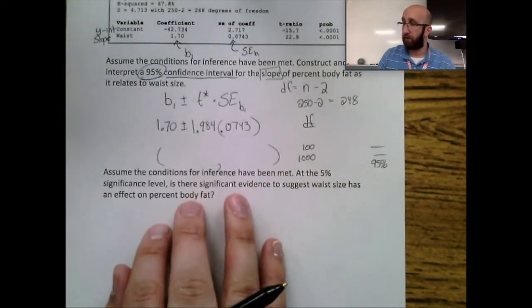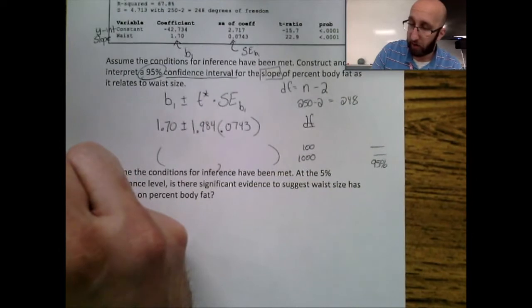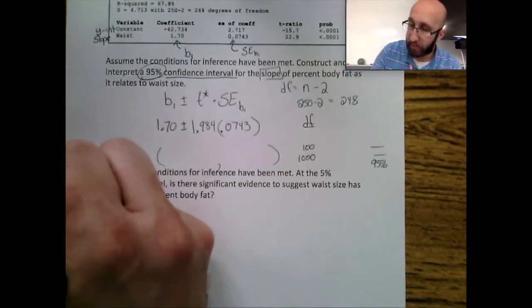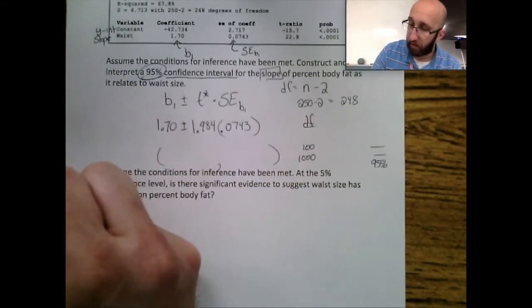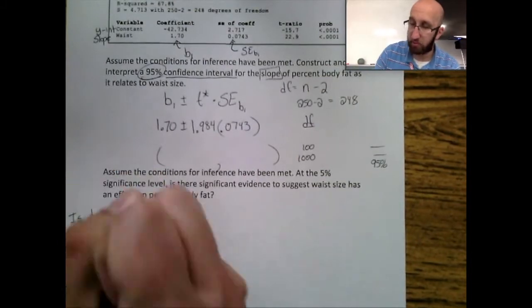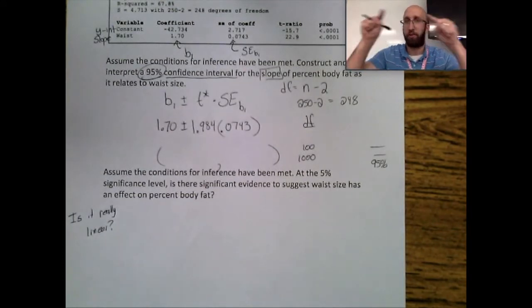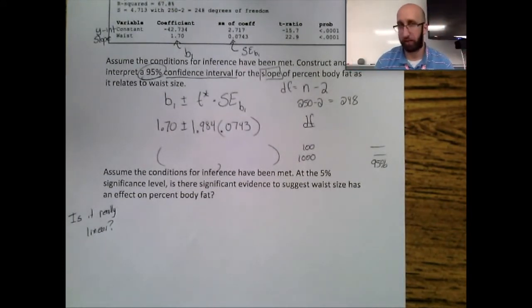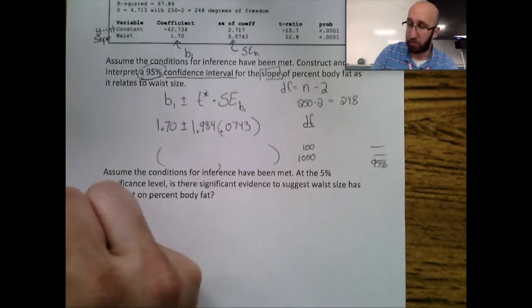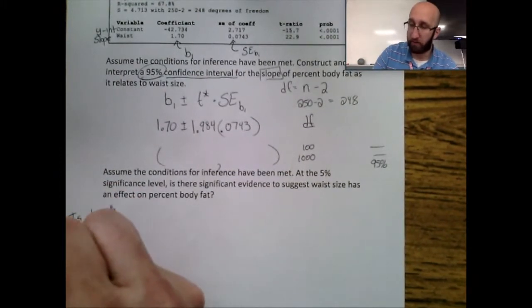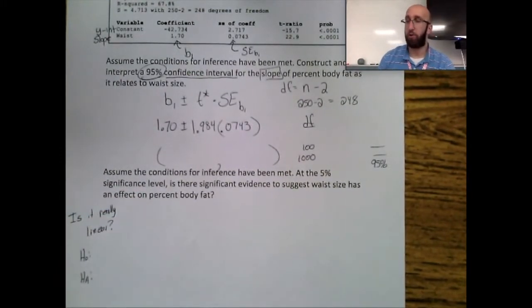The hypothesis test is trying to figure out, is it really linear? Okay, is the situation really linear? So we're trying to figure out, is this really a linear relationship, or did your sample just appear like it's really linear?